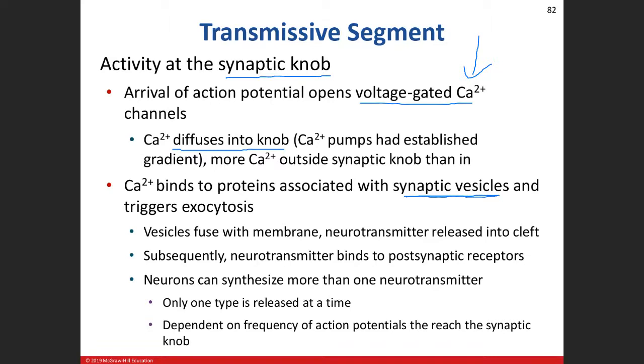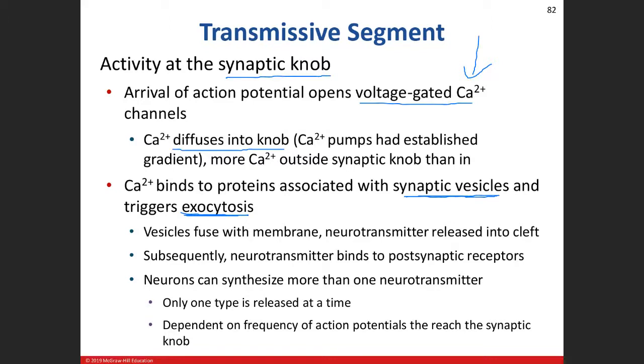Those synaptic vesicles will then migrate towards the plasma membrane at the far end of the synaptic knob, fuse with the synaptic knob membrane, and release the neurotransmitter via the process of exocytosis. That's when the cell expels things from the inside.